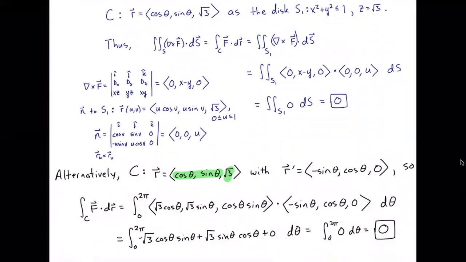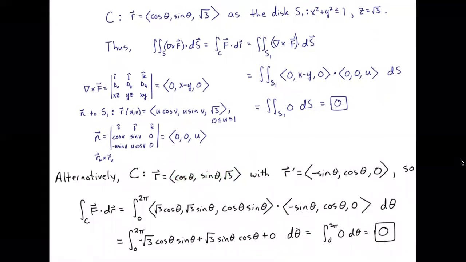And note that this is a positive orientation to have x be cosine theta and y be sine theta. As we look down at it from above, our right-hand rule is satisfied and the normal vector points upward. Now r prime, because that's part of our line integral formula, is calculated here.